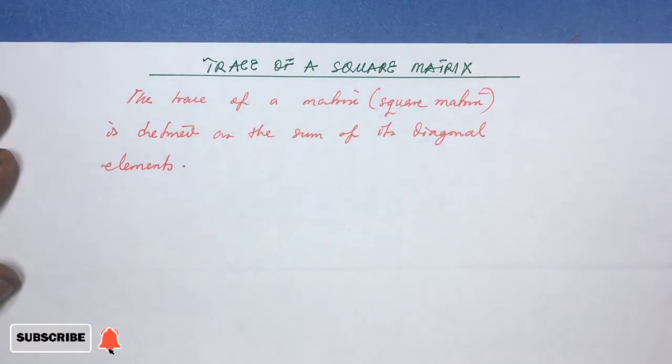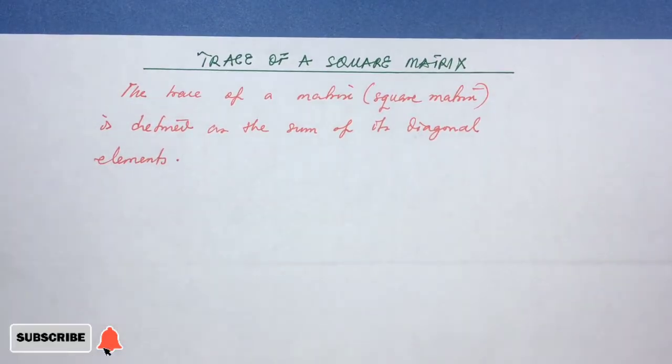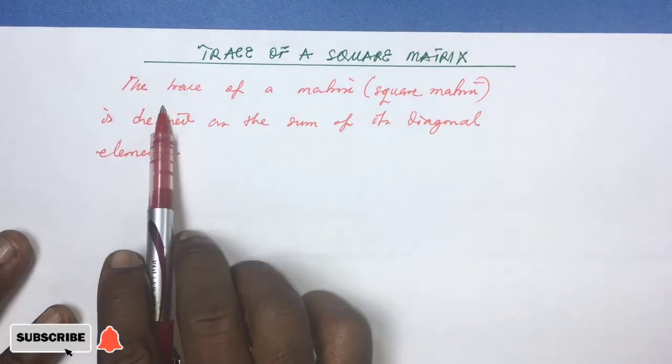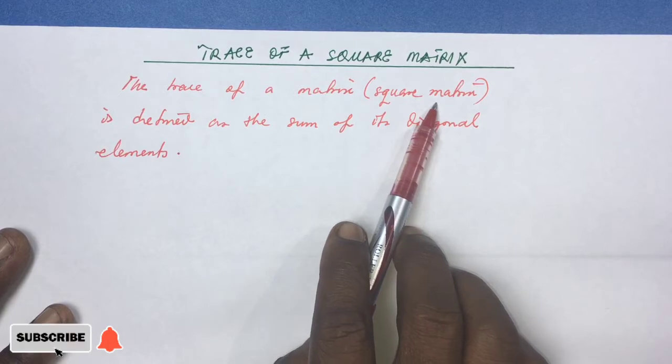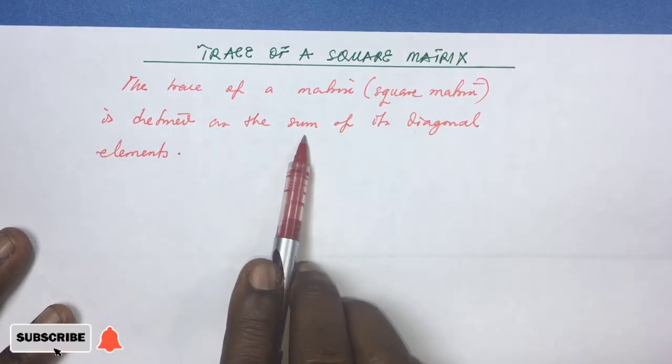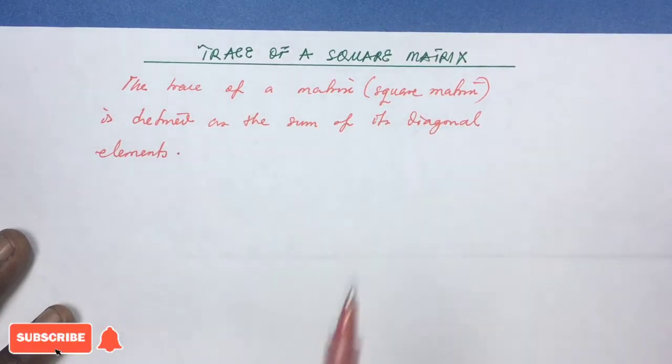So the trace of a matrix is simply the sum of the diagonal elements of that matrix. In particular, the trace of a square matrix is defined as the sum of its diagonal elements.